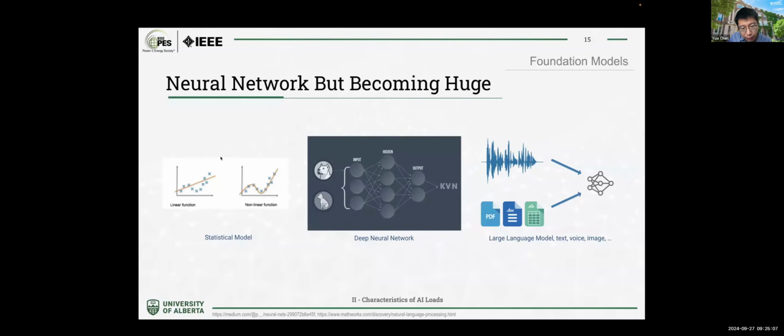By using stochastic gradient descent, we can train deep neural networks well these days. A large language model we can still treat as a neural network, but essentially with more data and more neurons. That means we need more compute and more power to train the models.